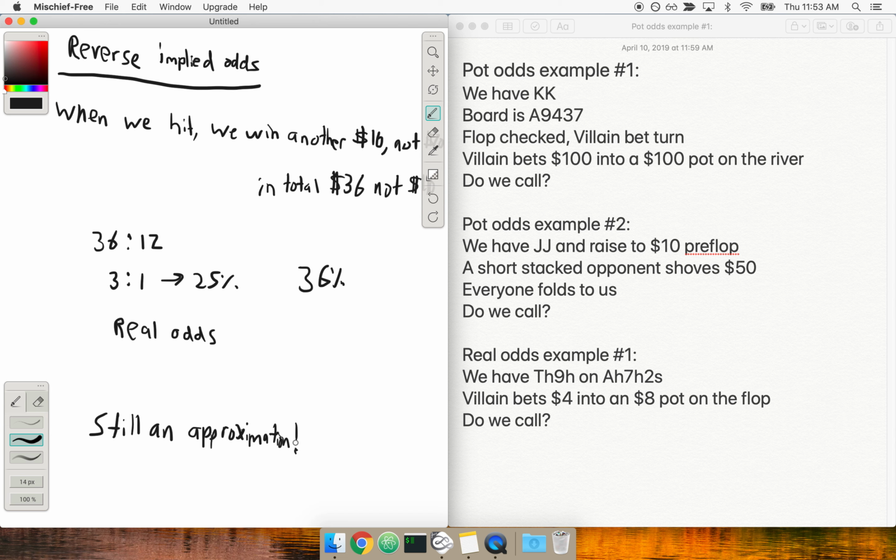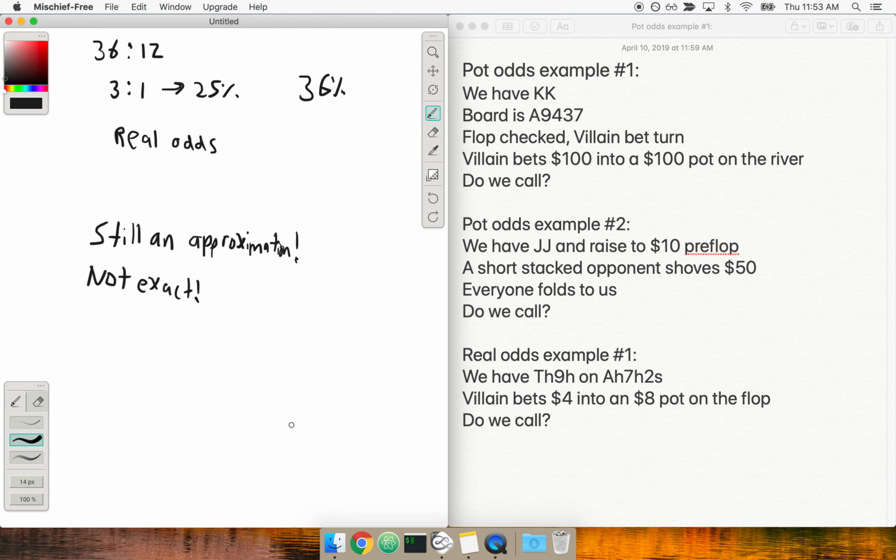This did not give us an exact answer to the question of how much equity we need. It's not exact. And I'll explain why.